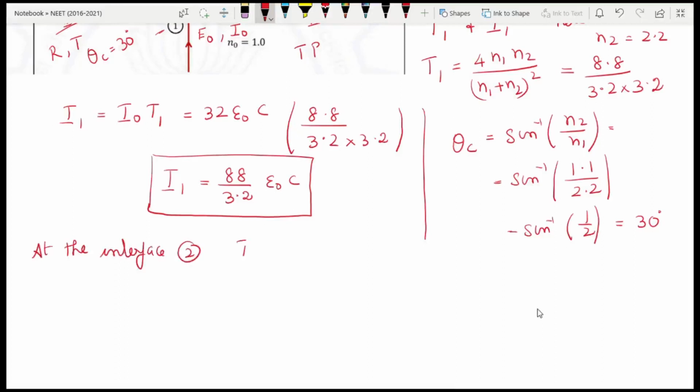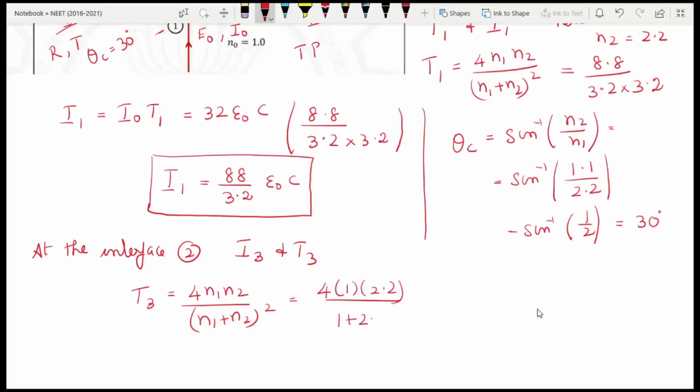So now at interface 2 we have to calculate I3 and T3. T3 is equal to 4 N1 N2 divided by (N1 plus N2) the whole square, that is, 4 into 1 into 2.2 divided by (1 plus 2.2) the whole square. By simplifying it, you will be getting 88 divided by 3.2 into 3.2.